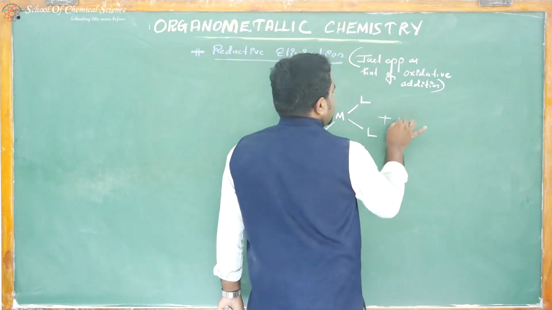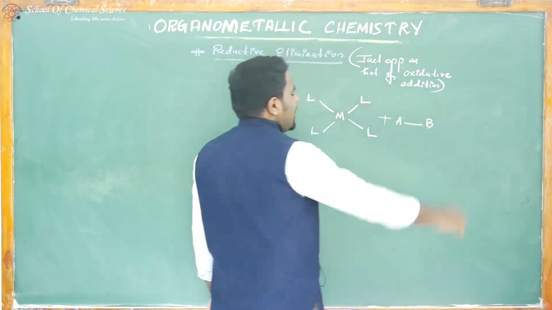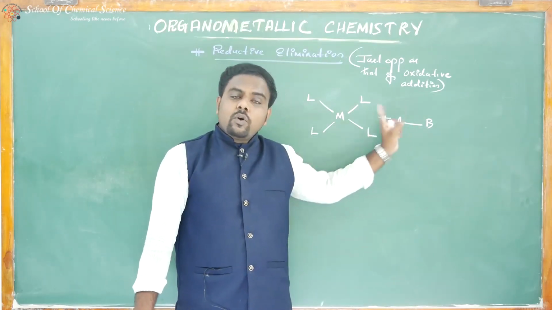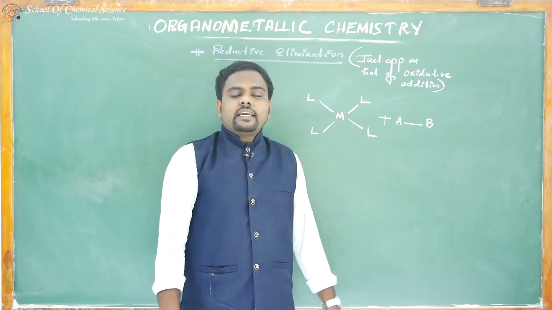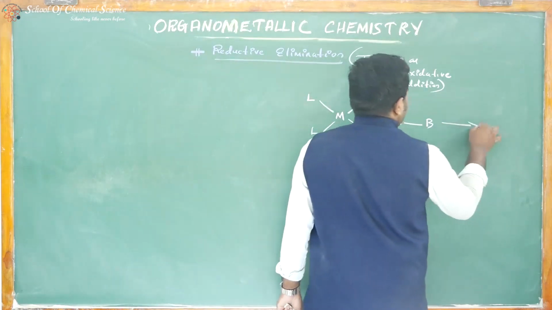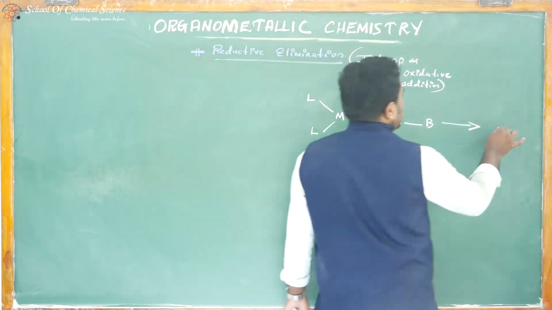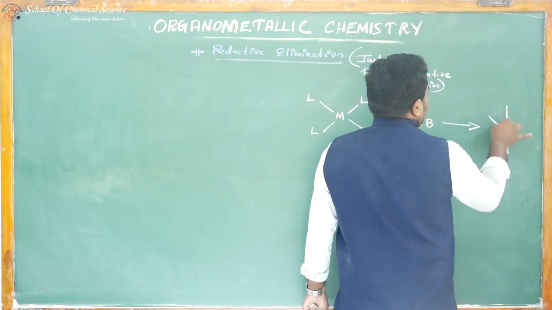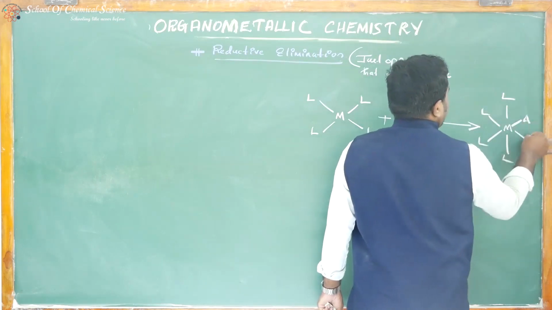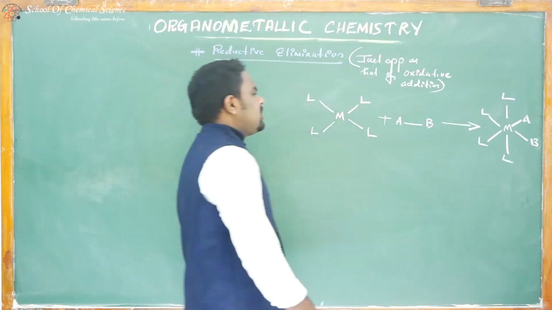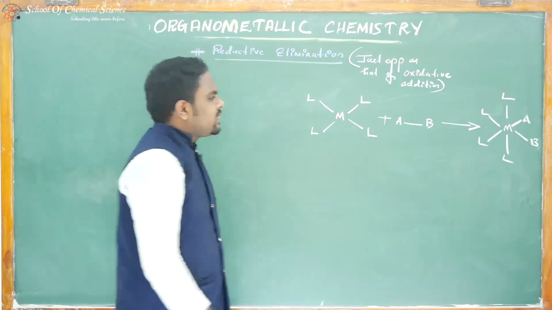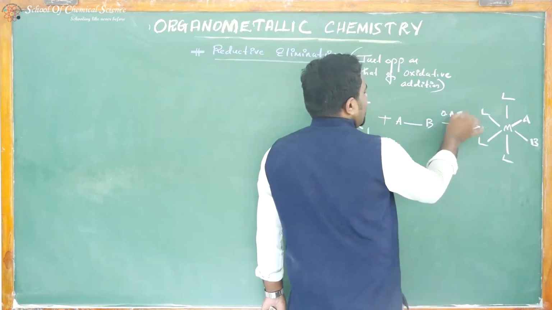On reaction with AB, that may be H-H, O=O, CH3X, RX, ArX, any type of species, this AB is added here. Your product will be an octahedral complex, M, L, A, B. A and B may be added cis or trans depending on the nature of AB. So this reaction is called oxidative addition.